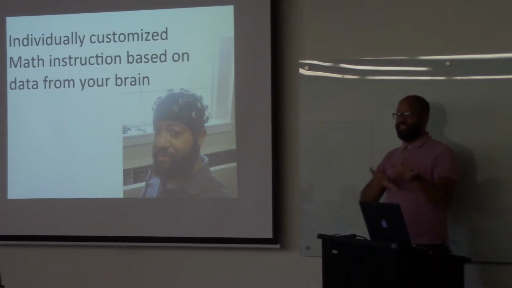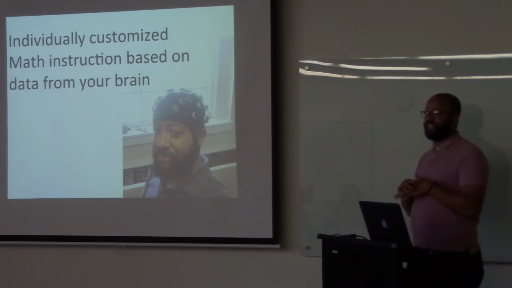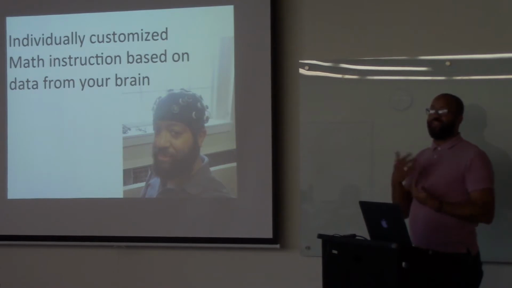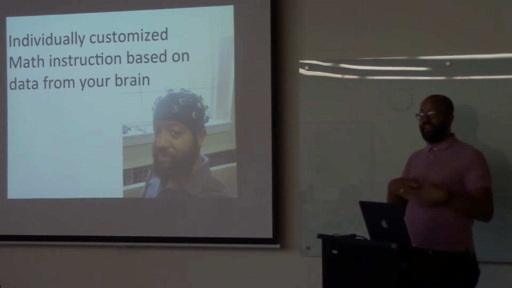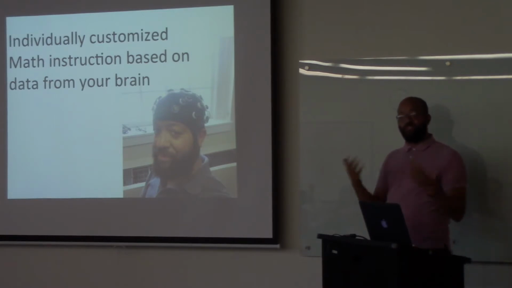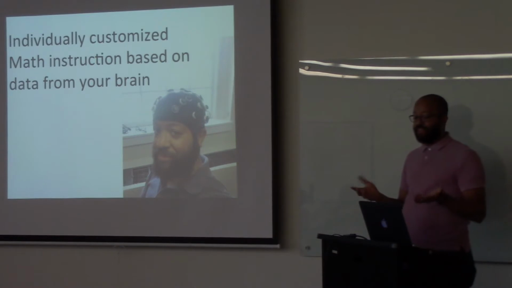Children are going to be at different places in a classroom. You want to be able to customize your instruction for each one based on what you know about that individual learner. This is what good teachers do naturally, based on what they know about the children and their experience in teaching math.